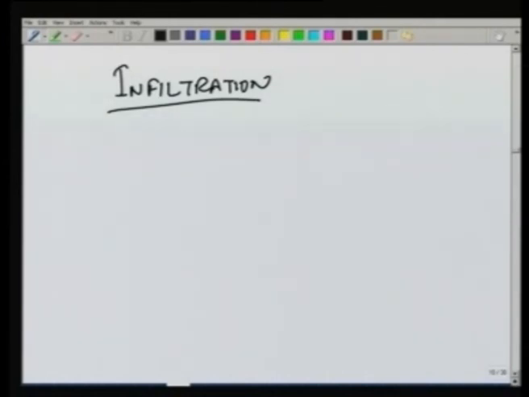So, infiltration measurement and its estimation using some empirical or semi theoretical equations will be our next topic.